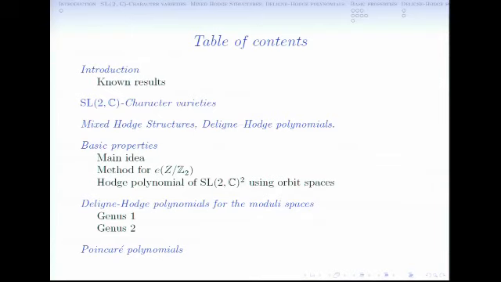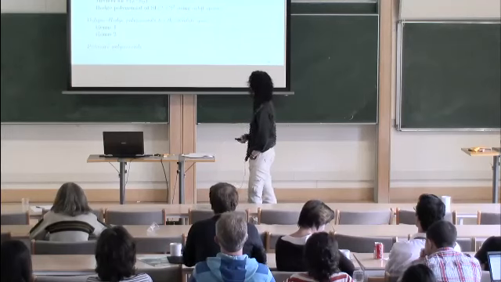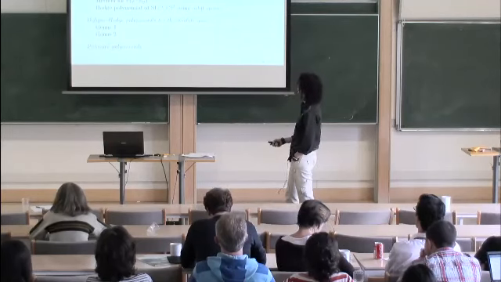So let me tell you what is the plan for the talk, and please don't get sleepy. There will be an introduction where I will show you some known results on these polynomials, and then I will tell you what are the SL2 character varieties that we were going to compute, because as I say in the abstract, there will be various character varieties, and we are going to compute the Deligne-Hodge polynomials.